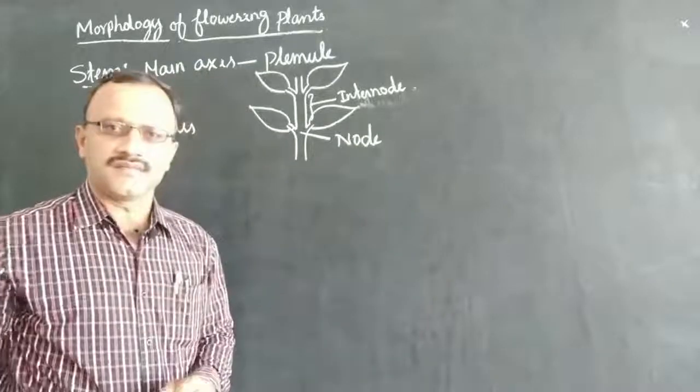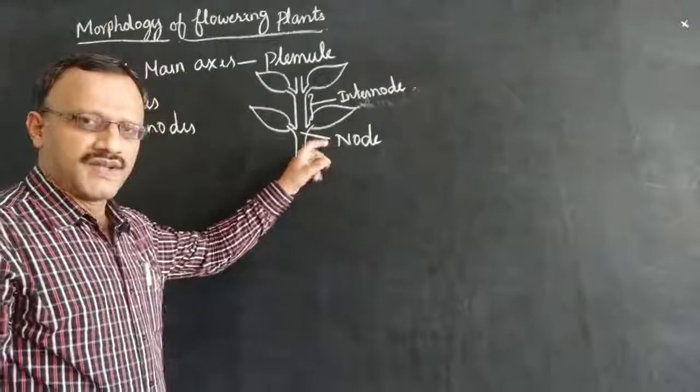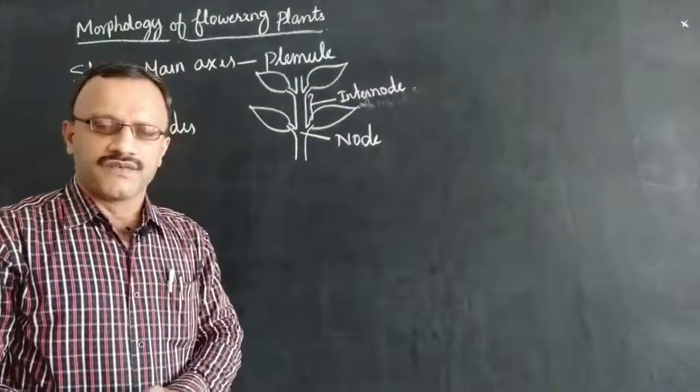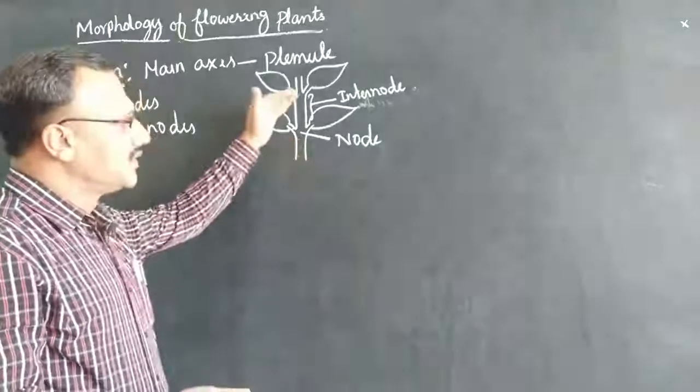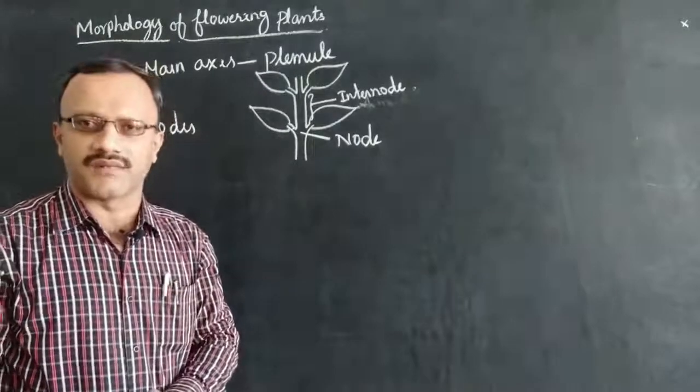At the nodal region, the lateral appendages called the leaves are attached, which perform the function of photosynthesis, whereas the internode elongates the size of the plant body.